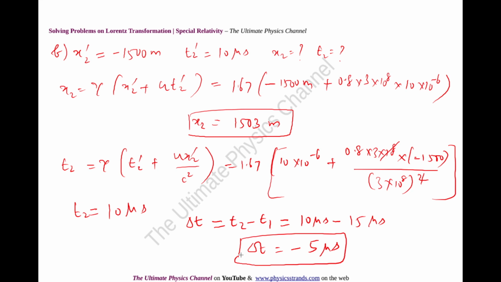Whatever was the second event for the S prime frame occurs first for the S frame. It's very interesting if you really ponder over it. In special relativity, there are situations where the order of events can be altered, or reversed.